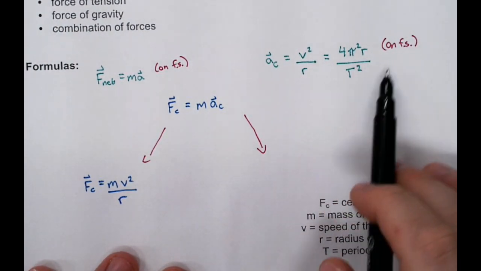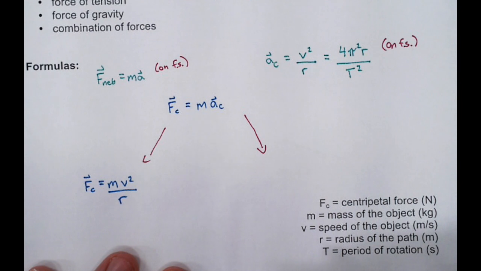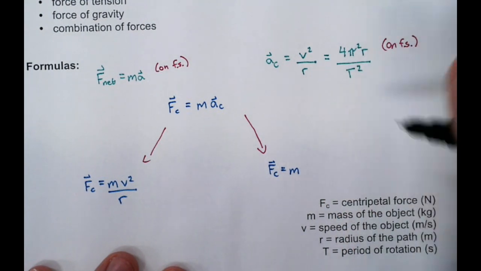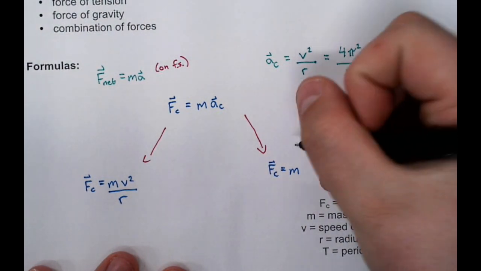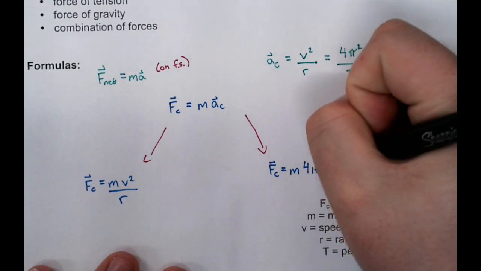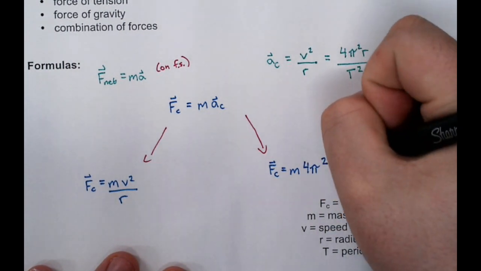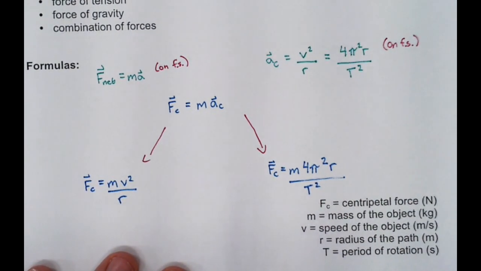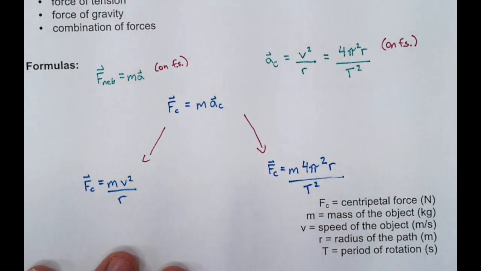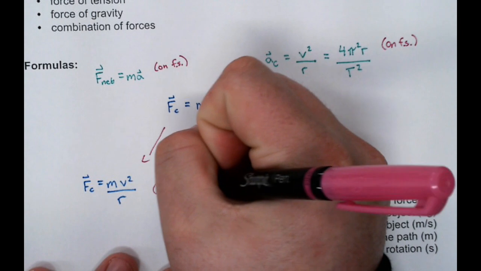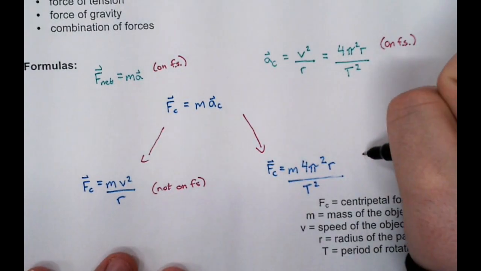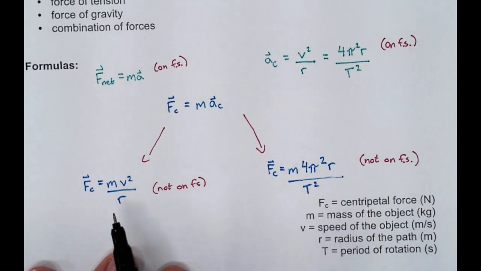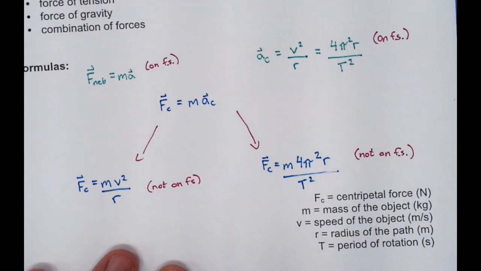The other one, we can use the centripetal acceleration from the second part of the formula. So centripetal force is equal to mass times the centripetal acceleration, 4 pi squared r over t squared. These two formulas are more common to what you're going to use, but they are not on the formula sheet. Not directly, at least. You can use the information given to you on the formula sheet to create the two new formulas.